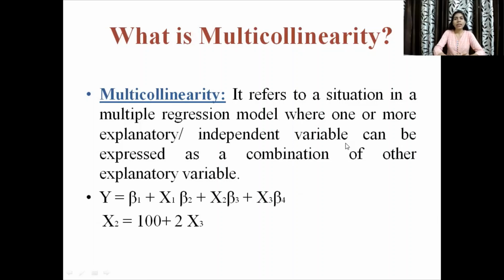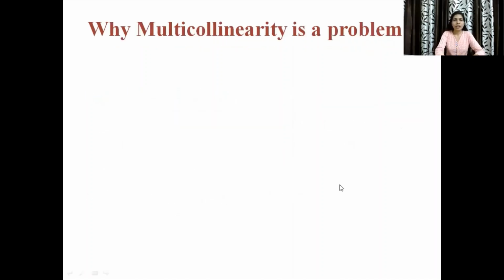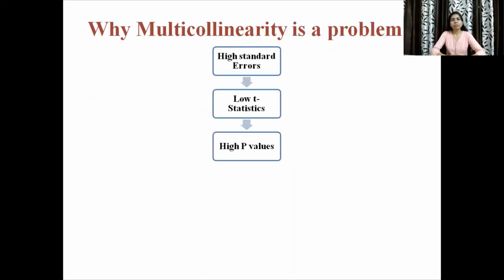Okay. Now, the next important question is why multicollinearity is a problem. See, if there is a high degree of correlation between two independent variables, then this will result in high standard errors, and high standard errors will lead to low t statistics or low t ratios, and ultimately low t statistics will lead to high p values.